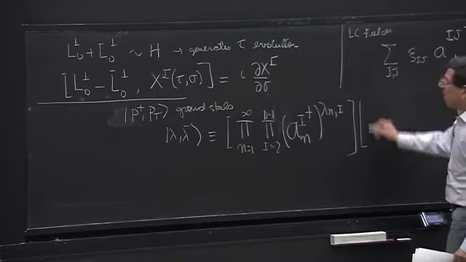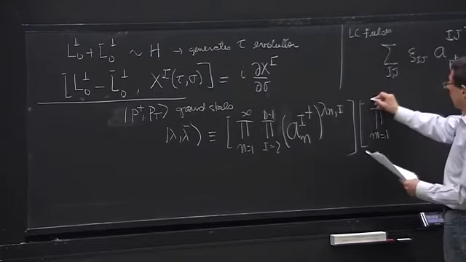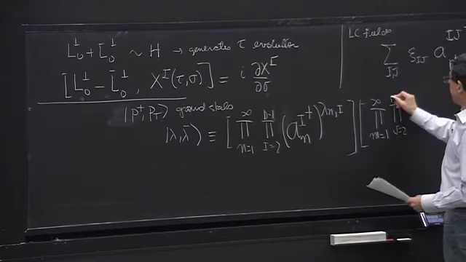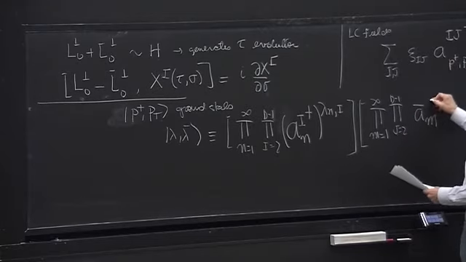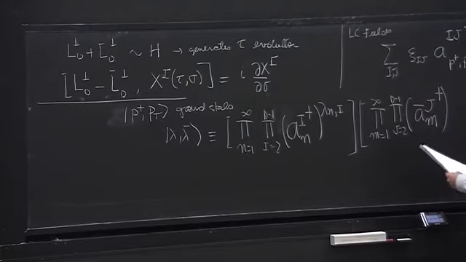Then for the bars, you have a totally analogous sum. m equals 1 to infinity, j equal 2 to D minus 1, A_m bar j dagger to the lambda bar m j, close the parentheses, and then you put p plus, p transpose.